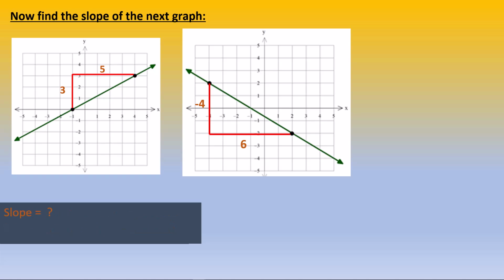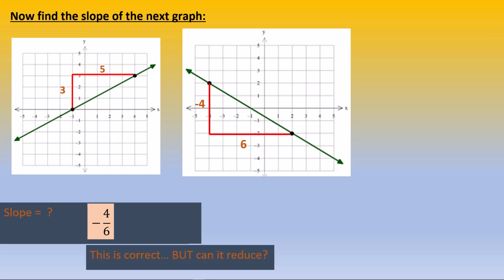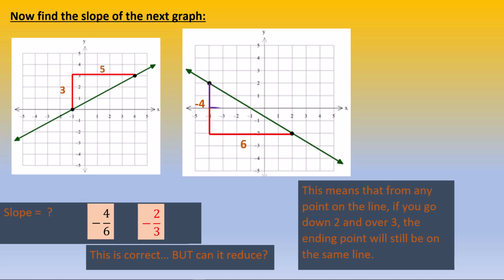What is the slope? It is -4/6. This is correct, but can it reduce? Yes, it is -2/3. This means that from any point on the line, if you go down 2 and over 3, the ending point will still be on the same line.